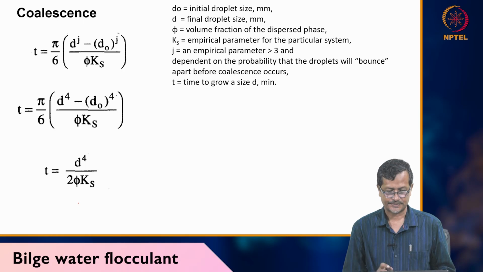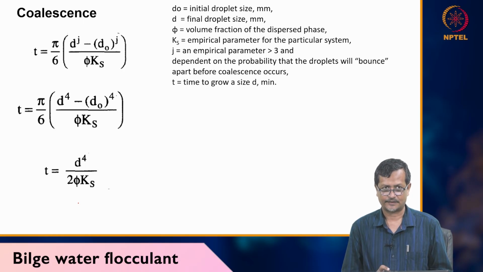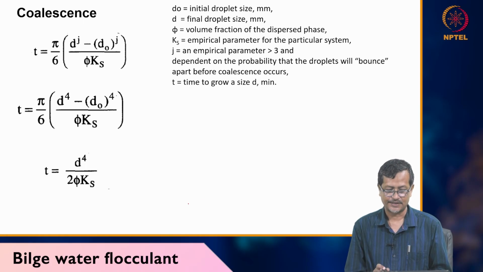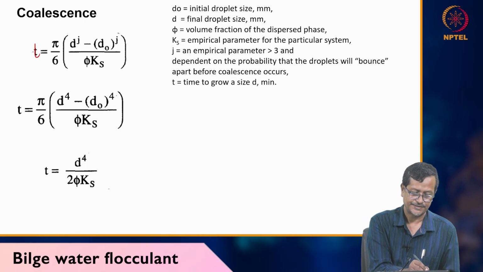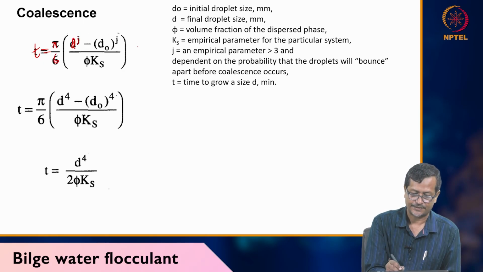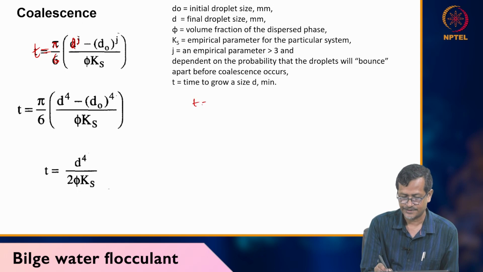So coalescence: when two particles meet each other, they will make a bigger particle. So they will coalesce. The coalescence formula is like this: T equals pi by 6 d power j minus do power j by phi ks.